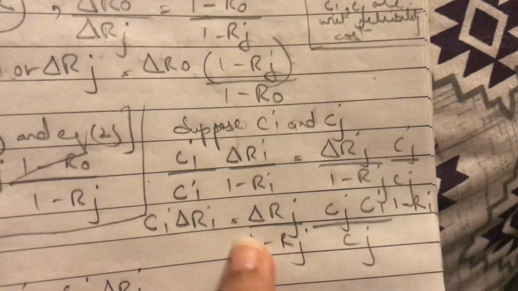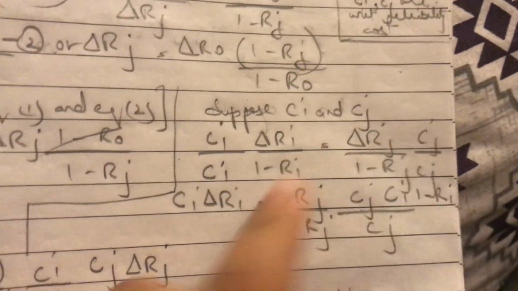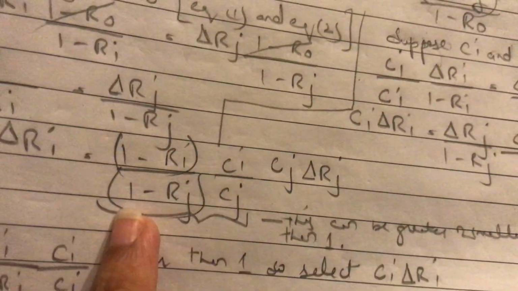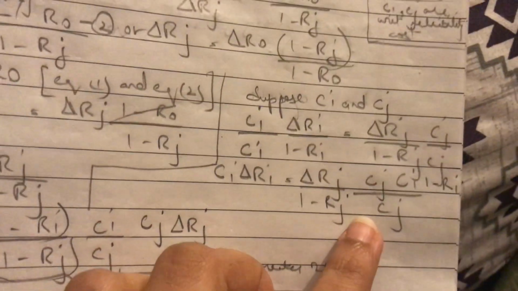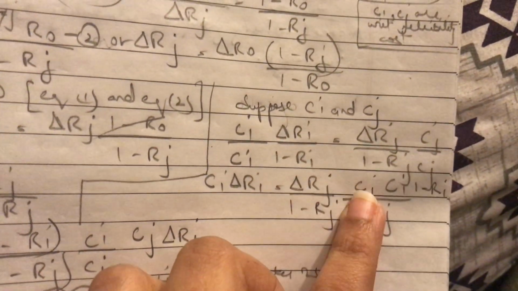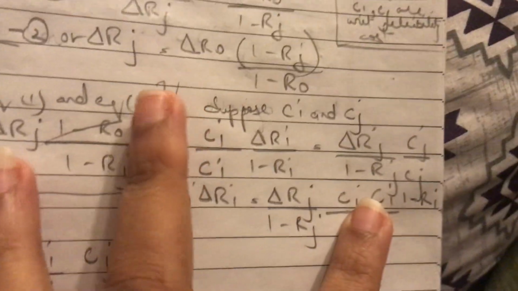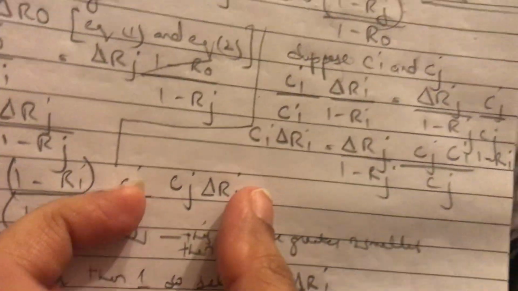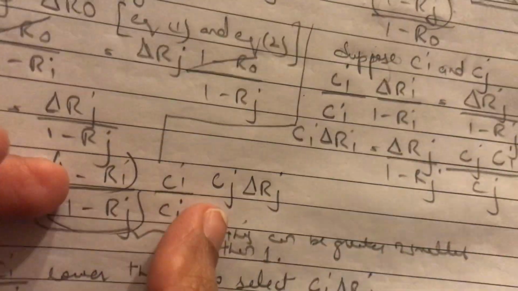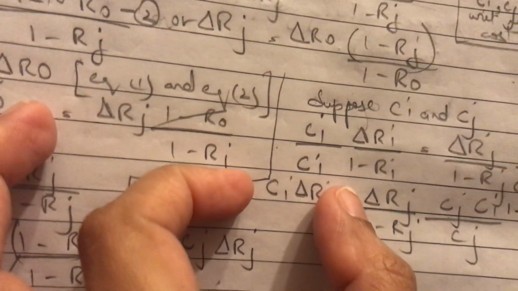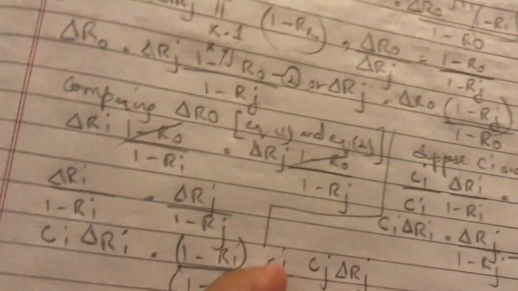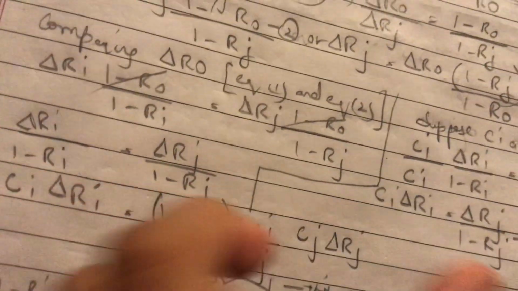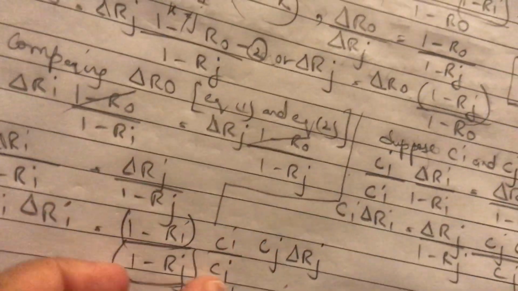We keep them together in the form 1 minus Ri over 1 minus Rj, and Ci and Cj come here, and the rest remains Cj and delta Rj. So this is basically Ci delta Ri and Cj delta Rj. They are both separated here, and the same looking things come here.